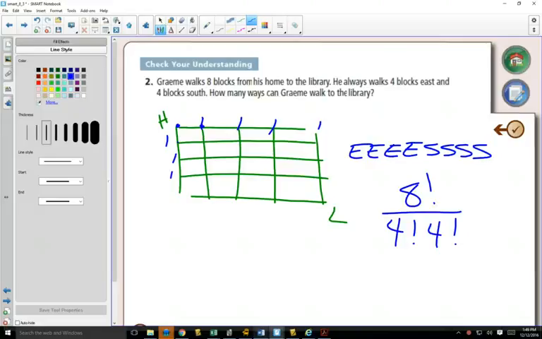Only 1 way to get to all these down there. Unless you backtrack, but we're going to say that he's smart and he doesn't backtrack. How many ways can we get to this one? 2. Can you see that there's one pathway that's this way and the other pathway this way? How many ways can you get to this one?